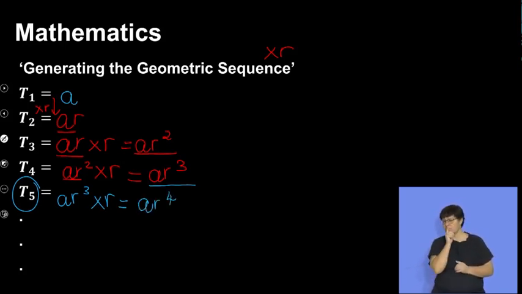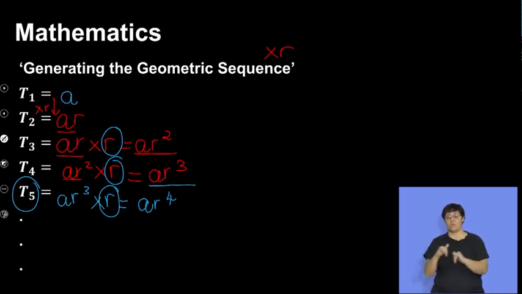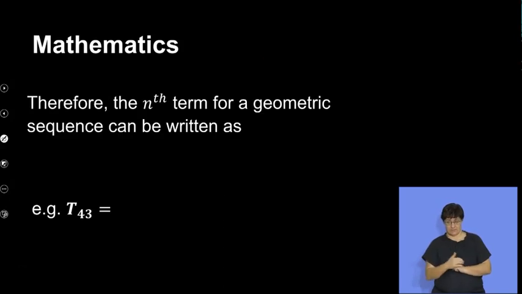So we can see that each time I am multiplying the term that comes before the present term by the common ratio, because we know that the common ratio is the main characteristic of a geometric sequence.